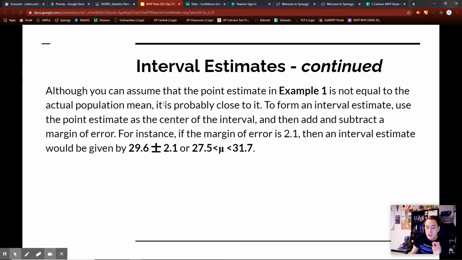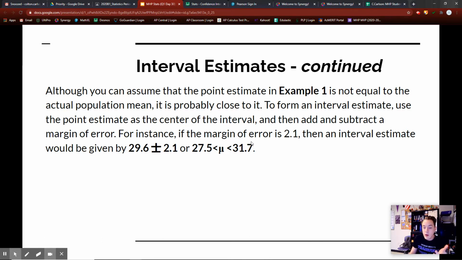Although you can assume that the point estimate in example 1.1 is not equal to the actual population mean, it's more than likely somewhere close, right? To form an interval estimate, we use the point estimate, 29.6 from example 1.1, as the center of the interval, and then add and subtract what we call a margin of error.